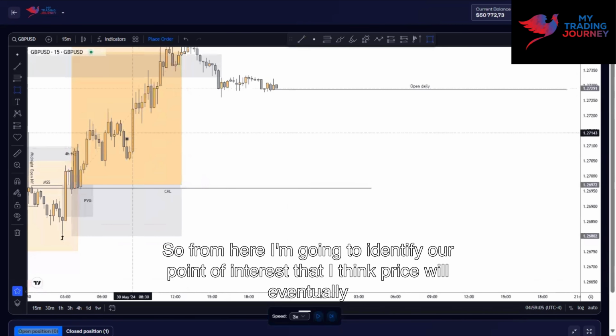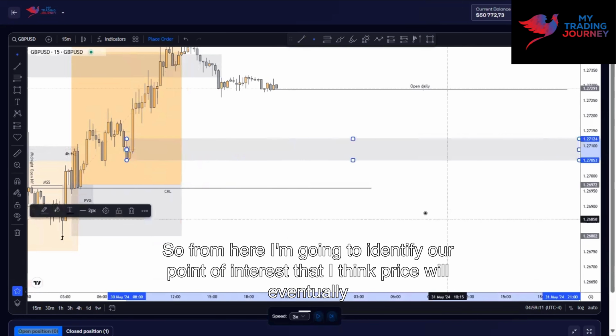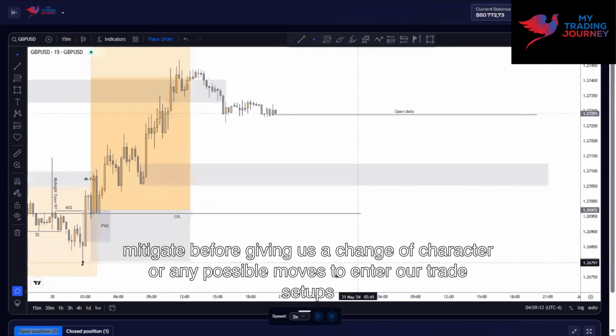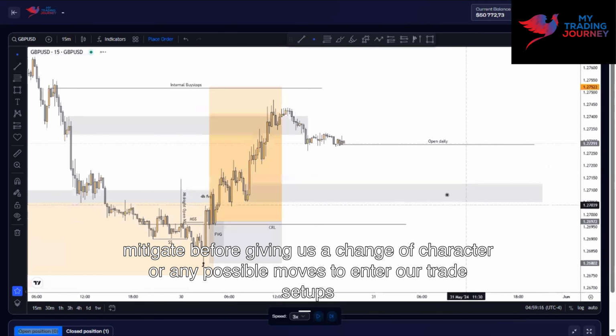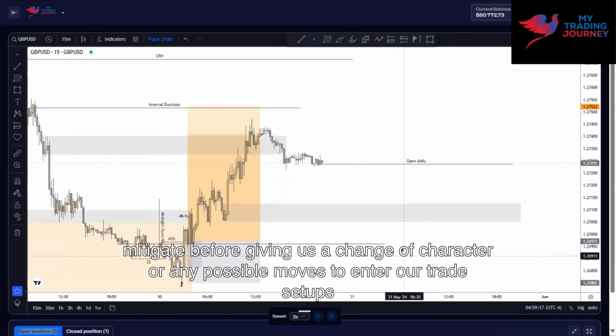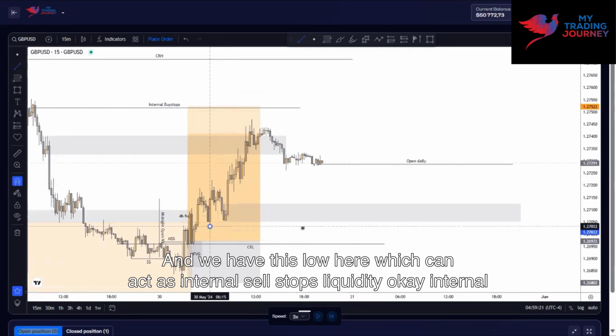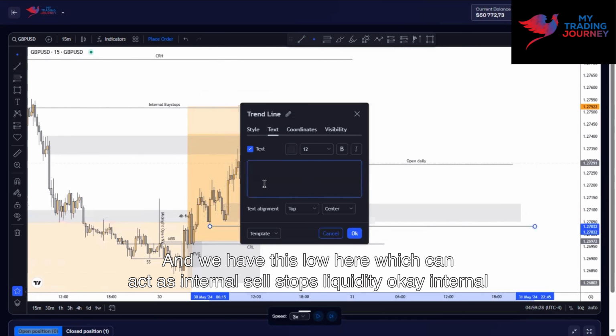So from here I'm going to identify our point of interest that I think price will eventually mitigate before giving us a change of character or any possible moves to enter our trade setups. And we have this low here which can act as internal sell stops, liquidity.